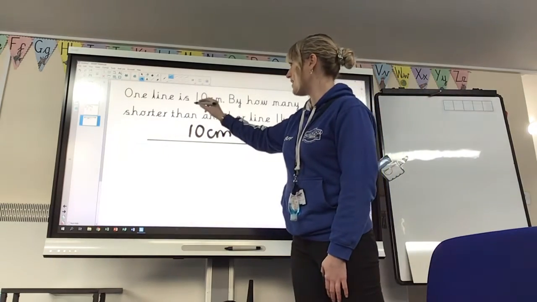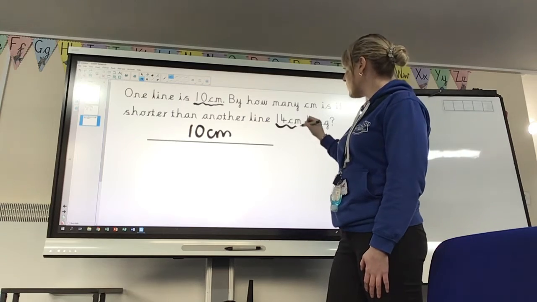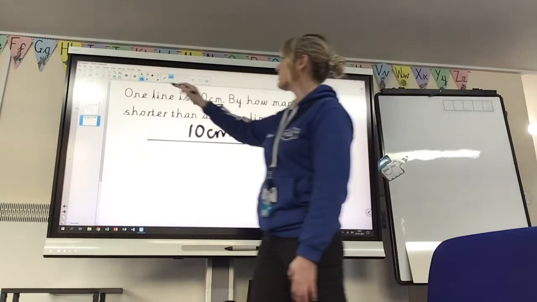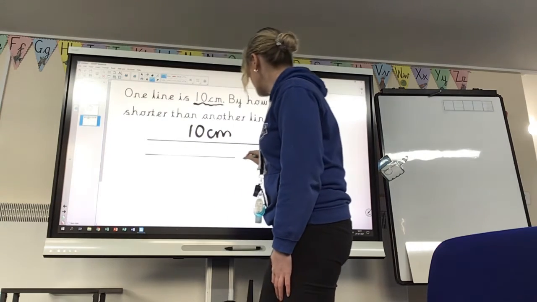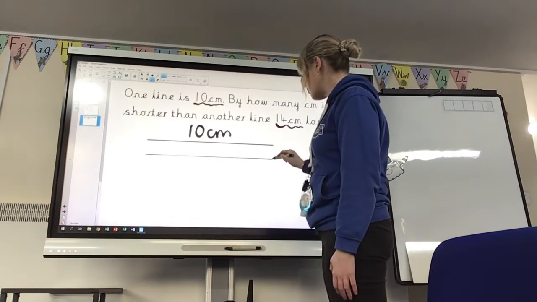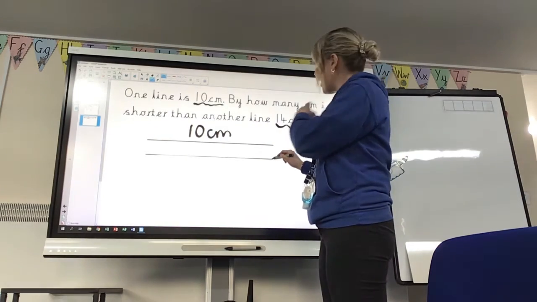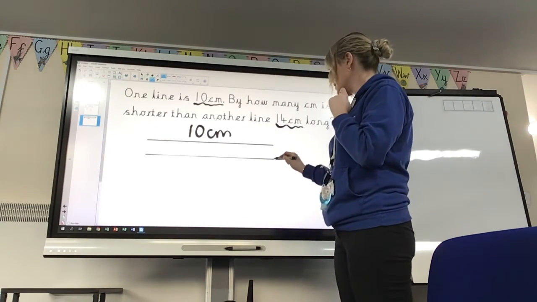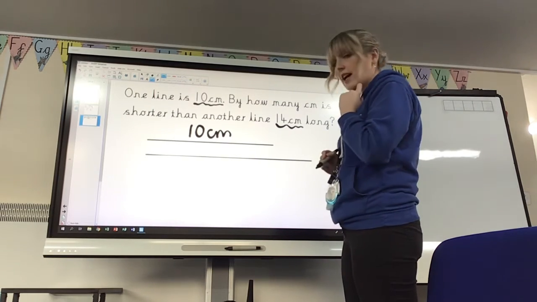So I've drawn my 10 centimetre line. I'm now going to draw my 14 centimetre line. So I'm going to get my ruler again. Now I know to stop there if I want another 10 centimetre line, because I'd have to make it the same. But I want to draw a 14 centimetre line, so I know that this one's going to be a bit longer.